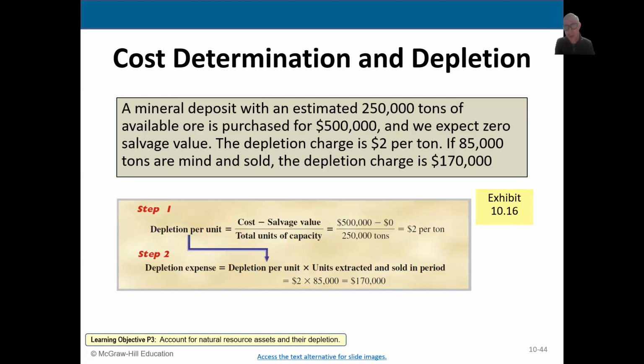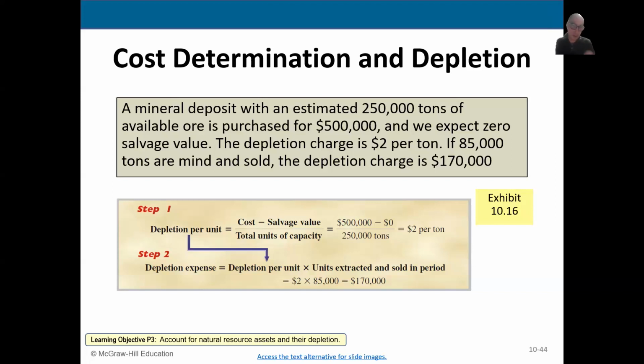85 times 2. So here's how the record looks. To find depletion per unit, we take the cost minus the salvage value, divided by units of production, in this case, units of capacity, to find the $2 per ton. $500,000 purchase price minus zero salvage value, divided by 250,000 tons possible. $2 per ton.